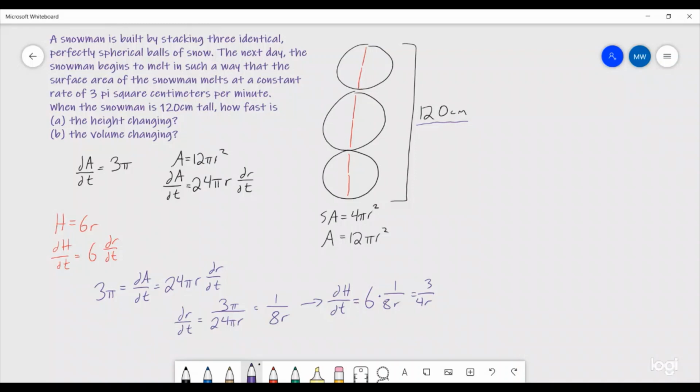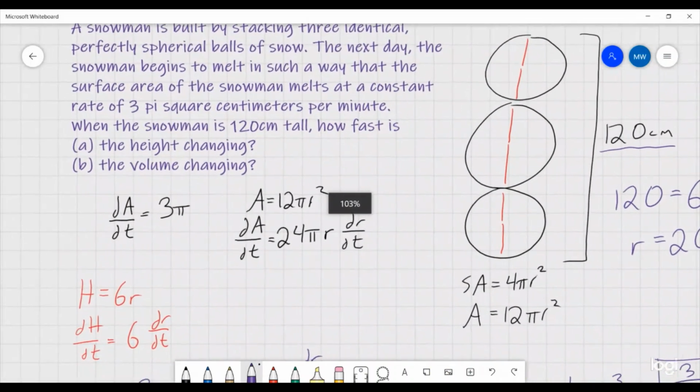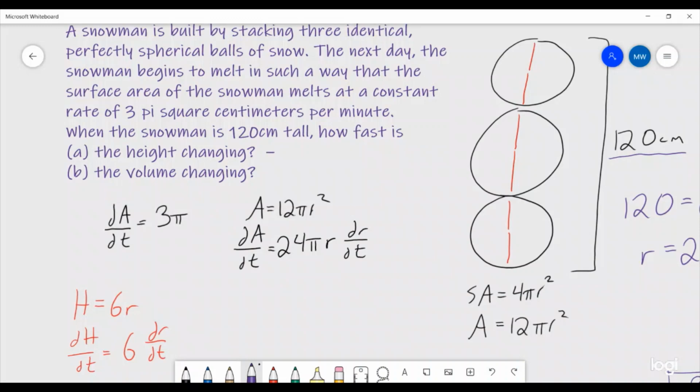So 120 is equal to 6 times the radius, so the radius is equal to 20. So dh/dt is 3 over 4 times 20, so 3/80 centimeters per minute. So coming up here to our answer, the height is changing at minus 3/80 centimeters per minute.